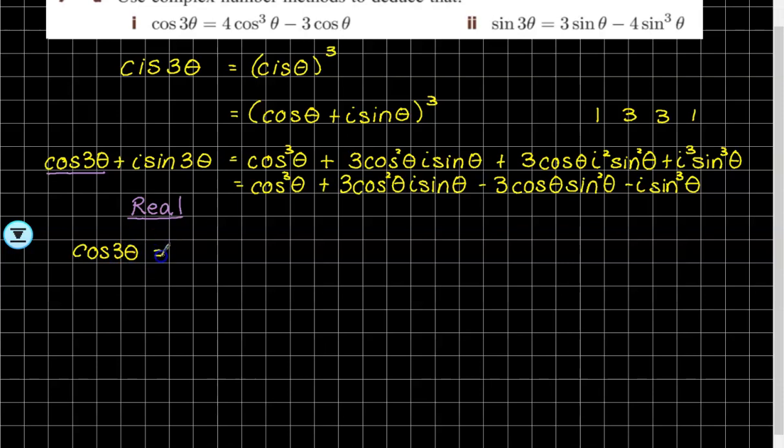And then on the right-hand side, what's the real part there? As we said, we've got this part is real and this part is real.